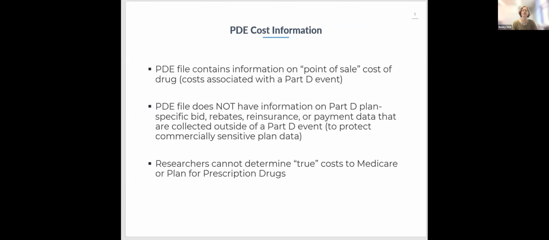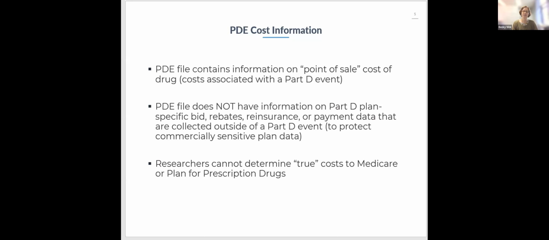What the PDE file does not include, unfortunately, is information on plan-specific bids, rebates, reinsurance, or payment data that are collected outside of the Part D event. And that is to protect commercially sensitive plan data that Part D plans don't want shared publicly.